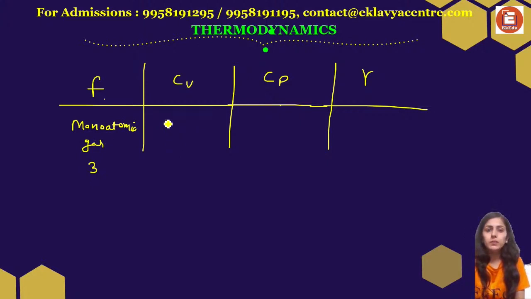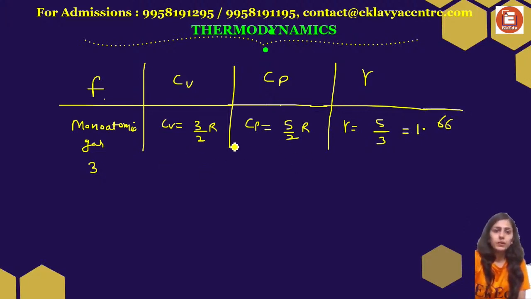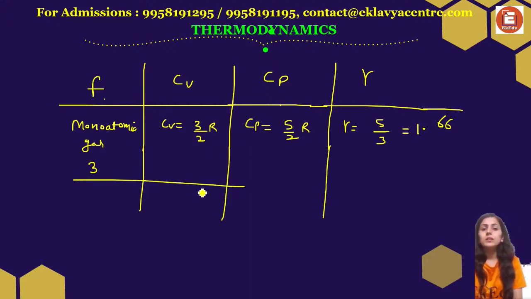Therefore, Cv is equal to 3 upon 2 R, and Cp will be Cv plus R, that is 5 by 2 R. So gamma will be 5 by 3, which is 1.66. Next, we have to study these relations for all three types of gas: mono, di, and poly.